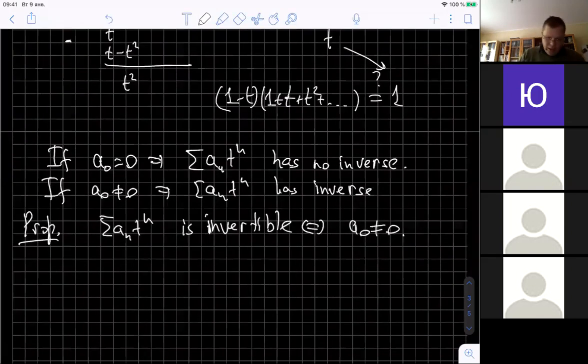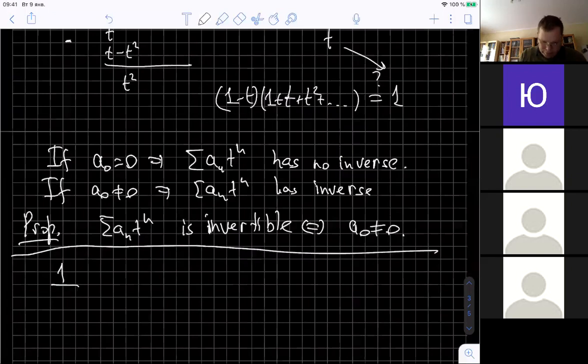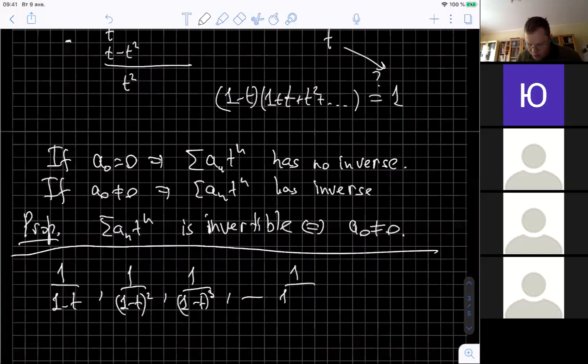And so, for example, we can find 1 over 1 minus t. We can find 1 over 1 minus t: 1 plus t plus t squared, and so on. So if you have an arbitrary formal power series with non-zero first coefficient, they are all invertible.